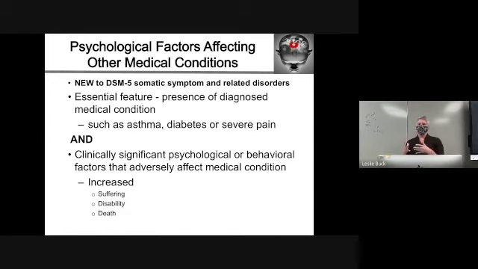That psychological factor is increasing the suffering, increasing the disability, increasing the risk of death associated with that physical condition. So it acknowledges the physical and the psychological and the interaction and relationships between those two things.